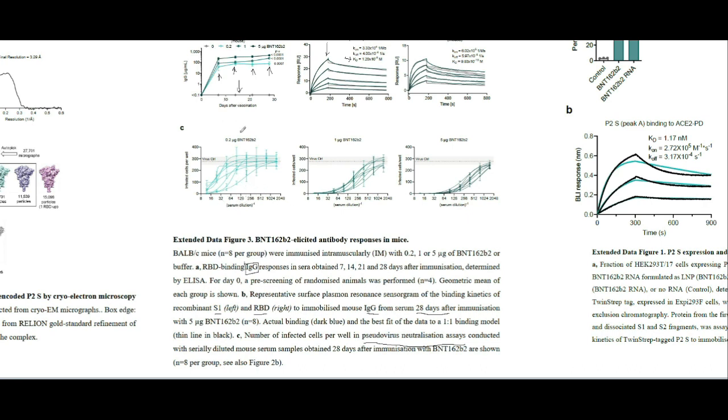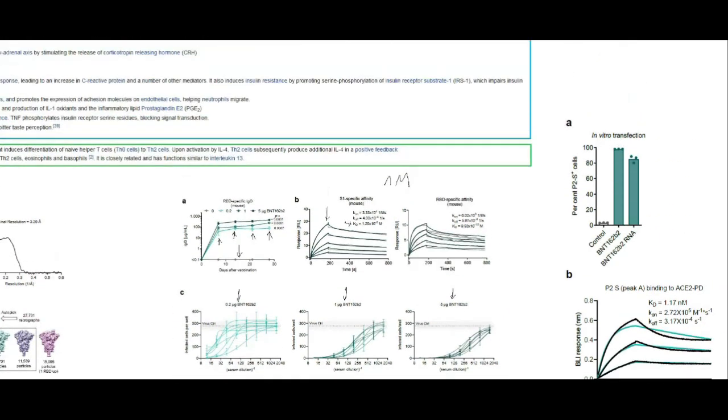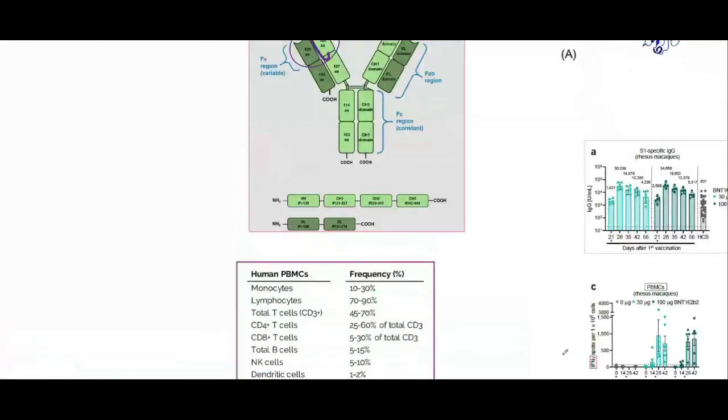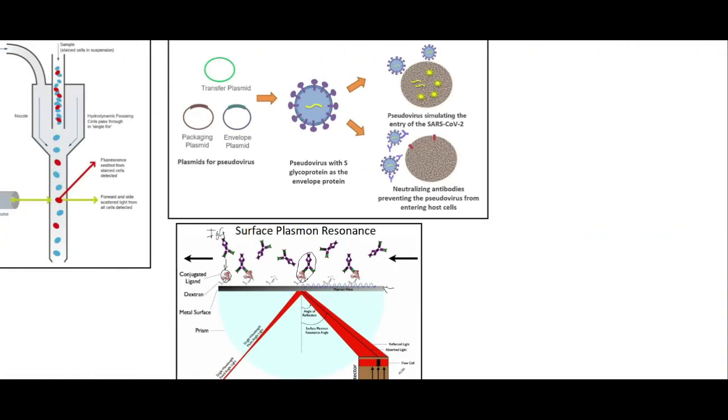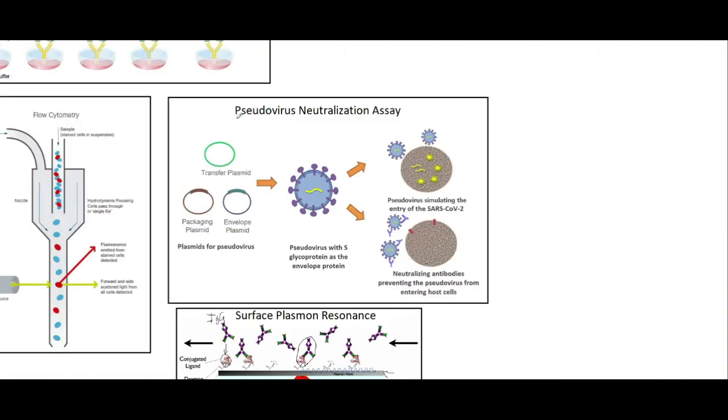And we can see with a low concentration, intermediate concentration, and a high concentration of their RNA, that you actually see that these cells are gaining this immunity in a dose dependent manner.